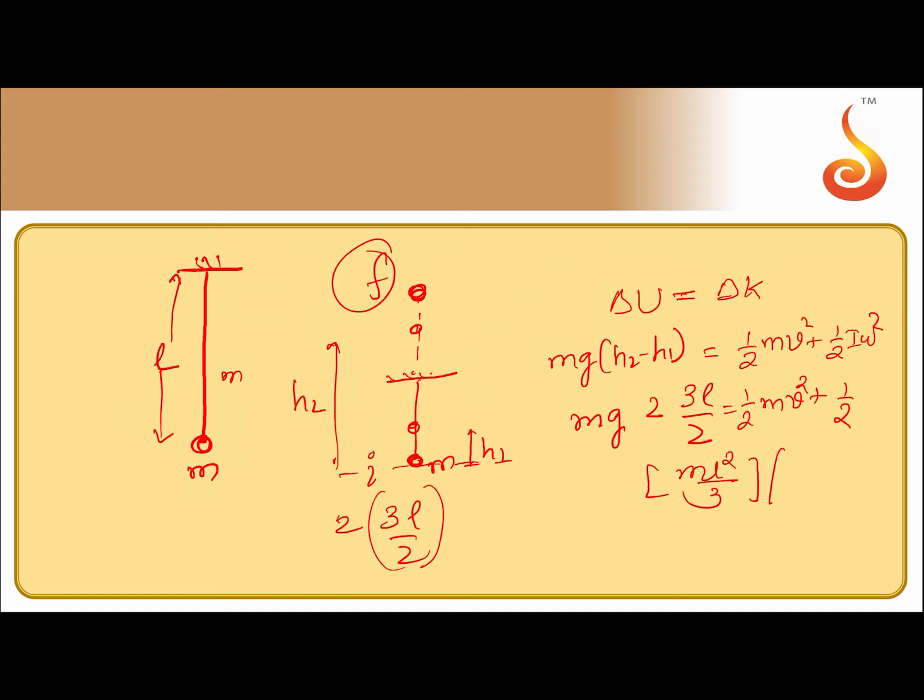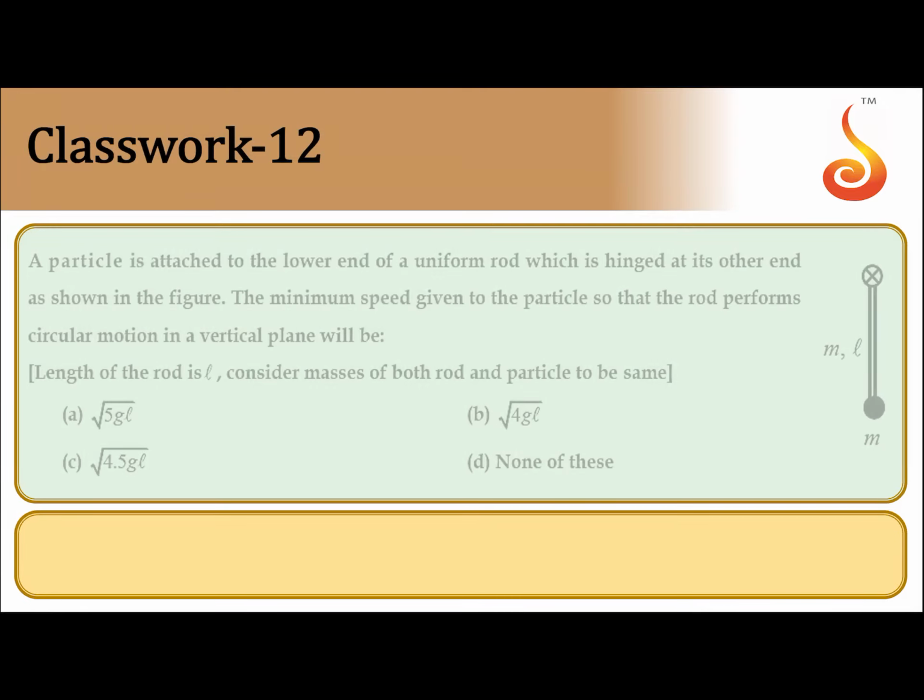So omega is equal to v by r, and I have v square divided by l square. So mg into 2 times 3L by 2 is equal to half mv square plus 2 times mg into 3L divided by 2. Upon simplification, we get v is equal to root of 4.5 g into L. So this is going to be 2 times root of 4.5 into g into L.